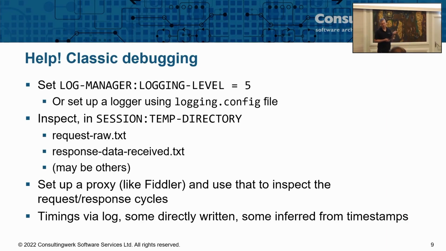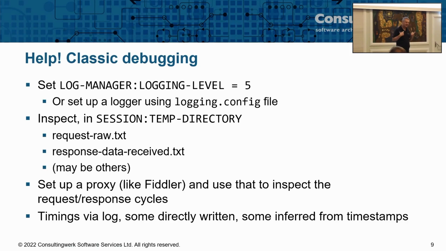So firstly, what's called request raw.txt in your session temp directory, and anybody seen this file before? Anybody? Everybody else has excellent HTTP clients. That's got the request as it gets sent, the whole protocol, so GET space URL space HTTP 1/1 or whichever it is, I never remember. That whole line, the headers, the correct formatting, hopefully, all of that is written into that file.